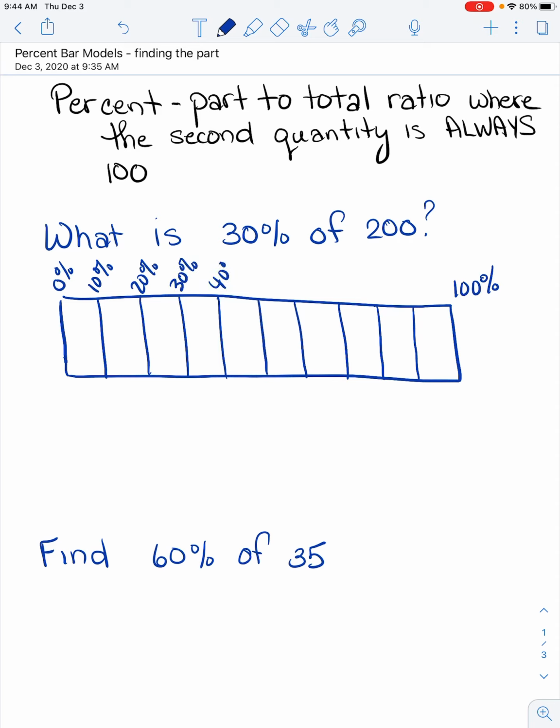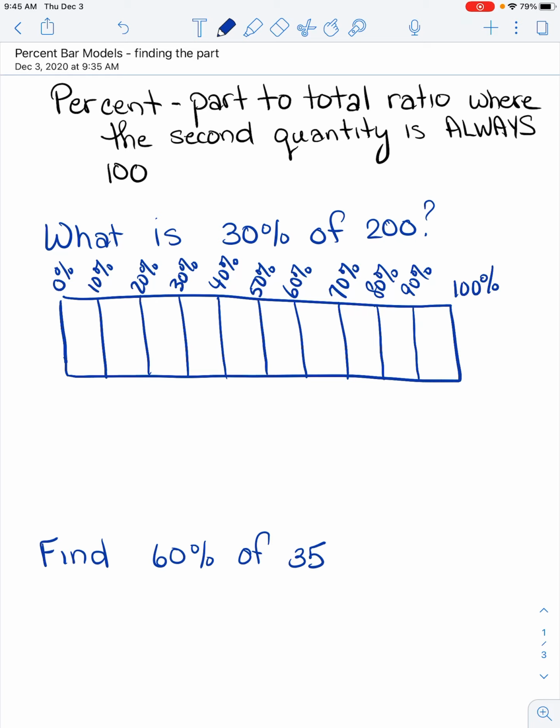This might seem like a pain in the neck, but it's really important because it's going to keep you from making careless mistakes. I know I've done it. And it's going to keep you from getting confused as to which is the part and which is the whole number.